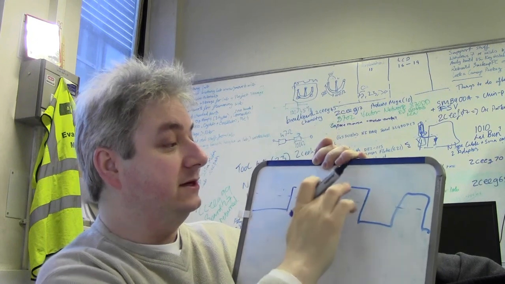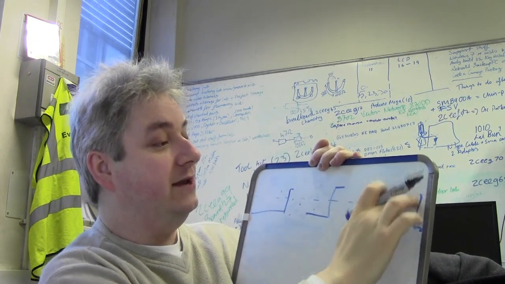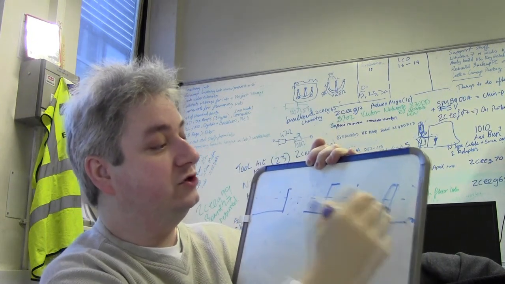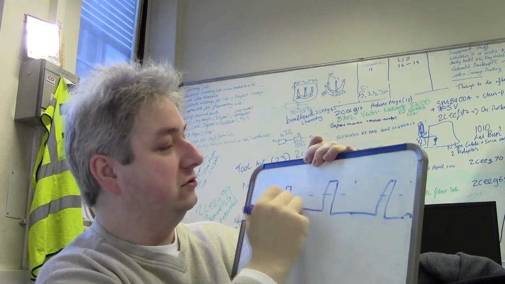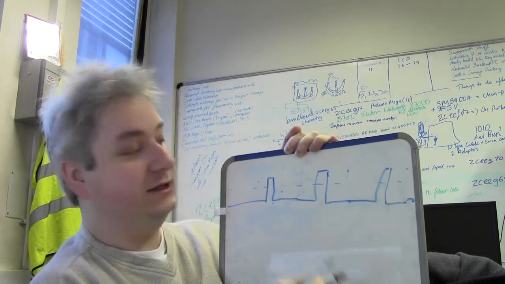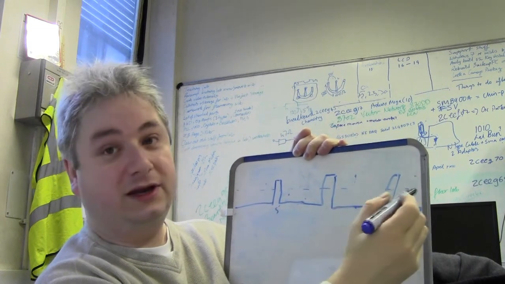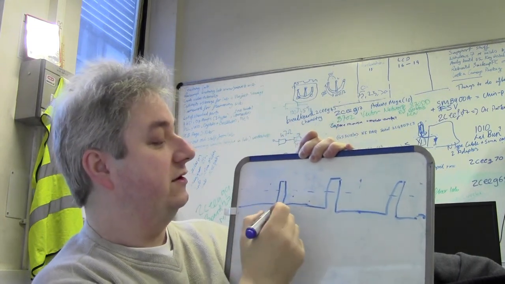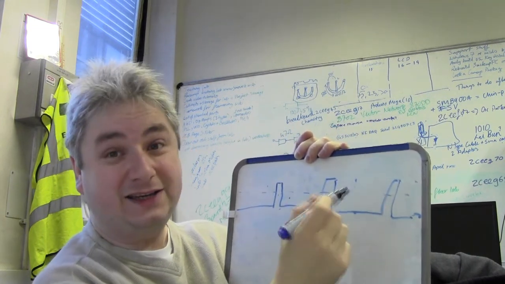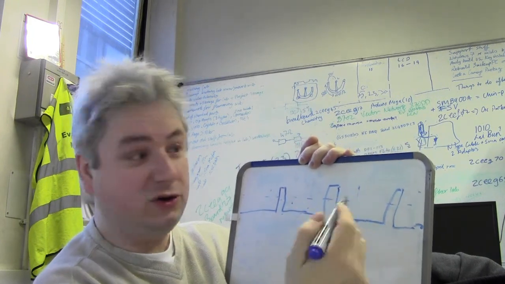PWM is basically this: you keep the frequency the same, but you change your duty cycle. So you have a short on and a long off. That means you're going to have even less equivalent power. The average power is a lot less.